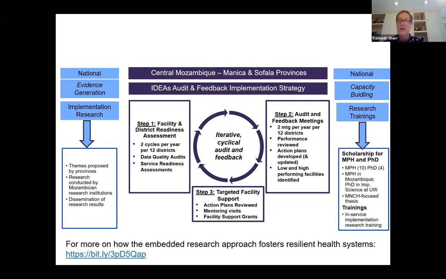And this has included 10 master's level trained officials in country, and then 4 leaders from the Ministry of Health to come to the University of Washington and to pursue a doctoral degree, a PhD in implementation science. And then in addition to that, we have in-service training for short courses for leadership in the Ministry of Health on the nuts and bolts and frameworks around implementation science.